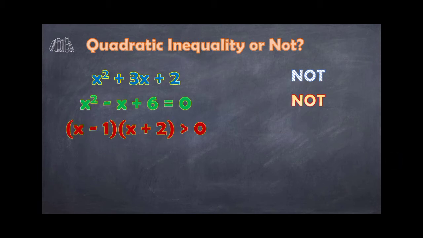Next is quantity x minus 1 times quantity x plus 2 is greater than 0.